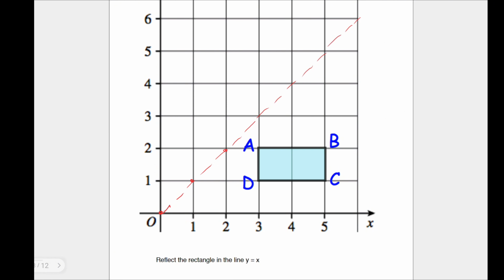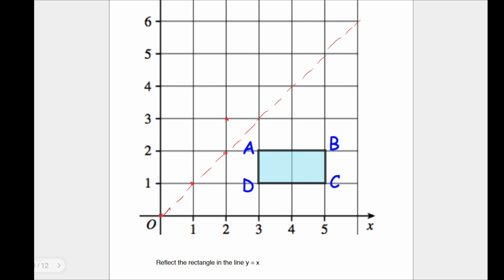So the reflection of this rectangle is going to look like this. Across the line, the point A is going to be right here. The point D is going to be right here across the line. I hope you can see that across the line. Same with B, it's going to be right here.